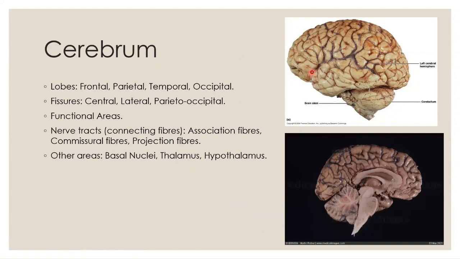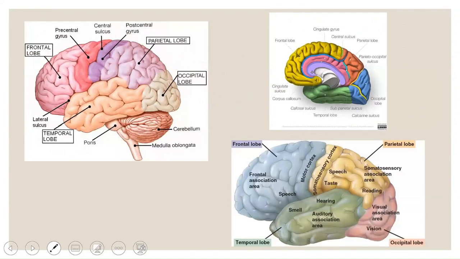If you look at the picture like this, you can see this. The different parts are given different names. So you have the frontal lobe in the front, the parietal lobes on the side, occipital lobe on the back, and temporal lobe on the lateral aspects.